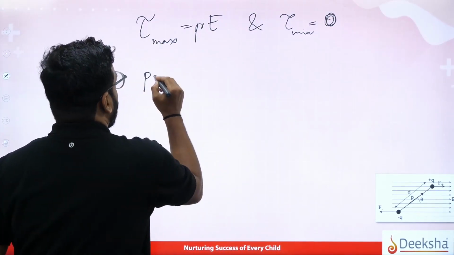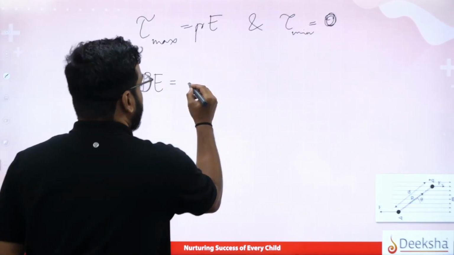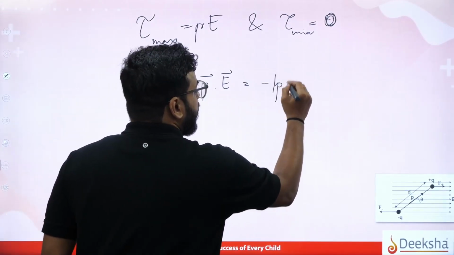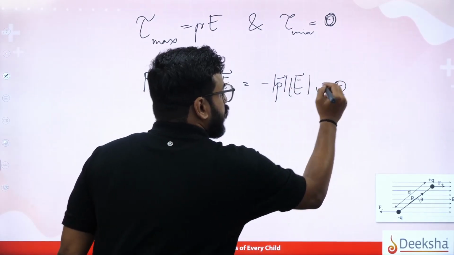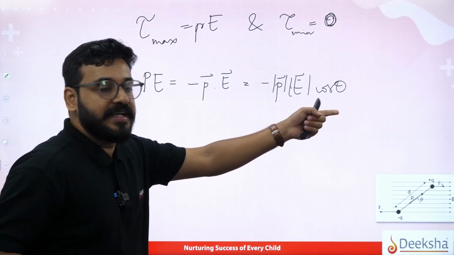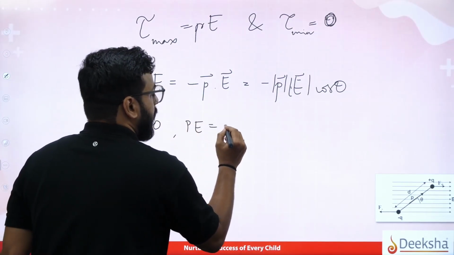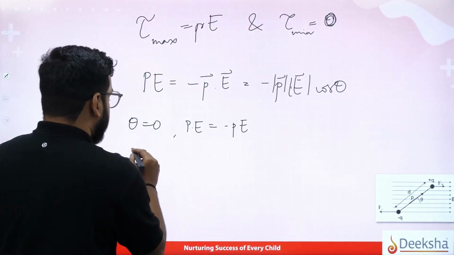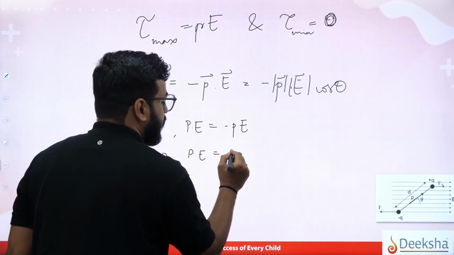Potential energy for a dipole in an external electric field is minus P dot E, that is, minus PE cos theta. So when is the maximum value? Maximum magnitude when theta is 0. When theta is 0, the potential energy is minus PE, minus P into E. And when theta is 90, it is 0. Potential energy entirely becomes 0.